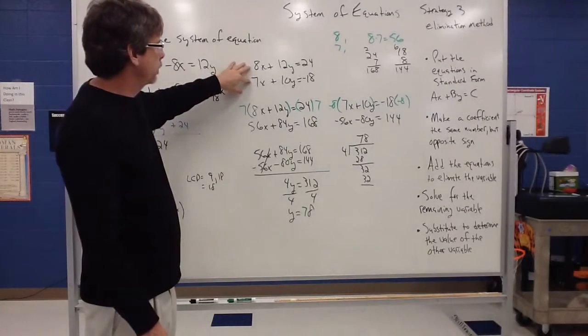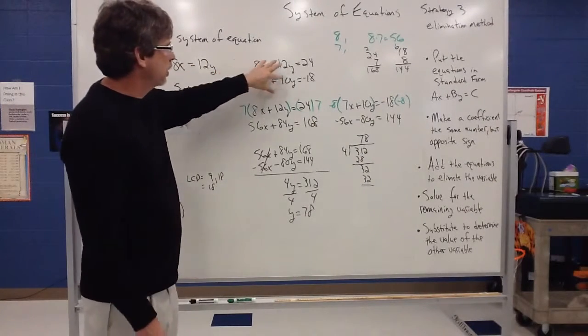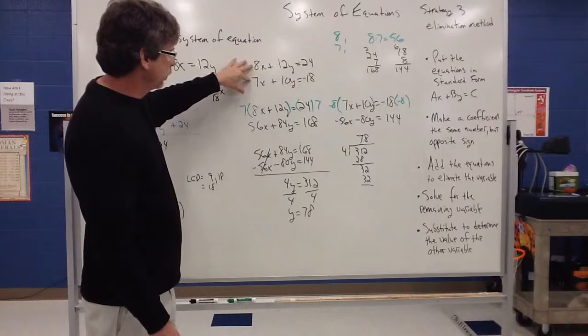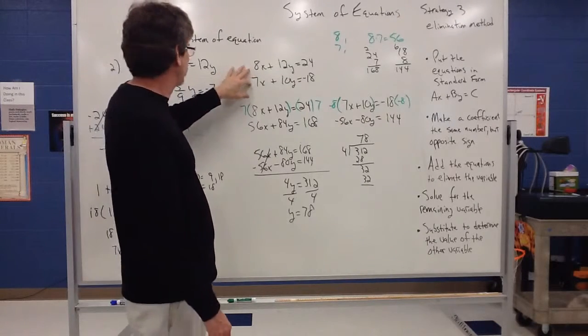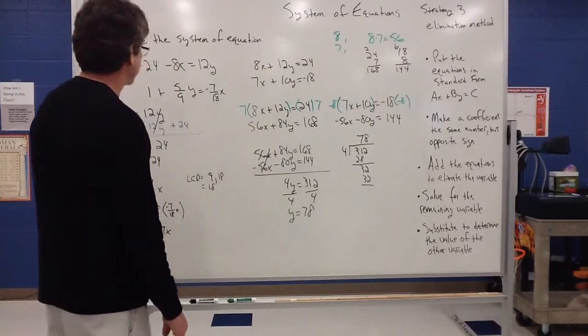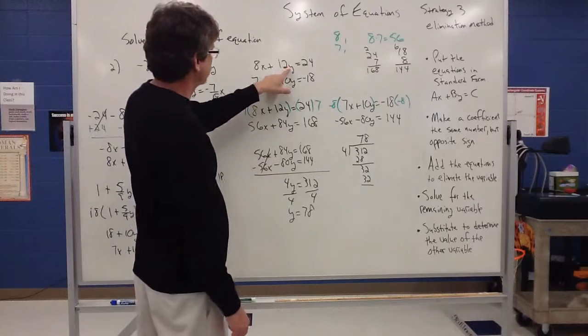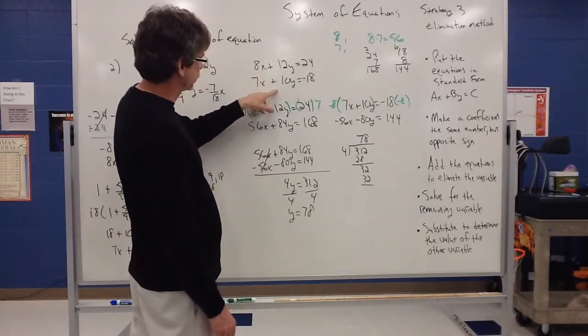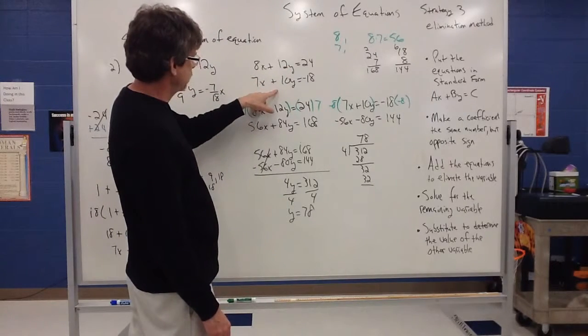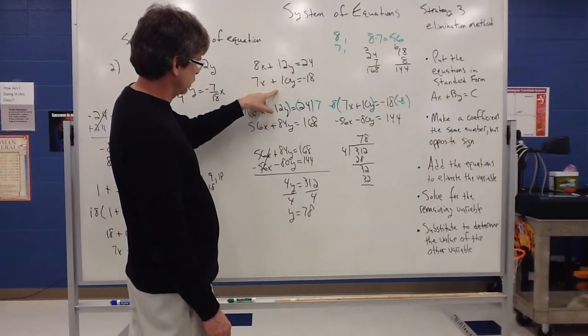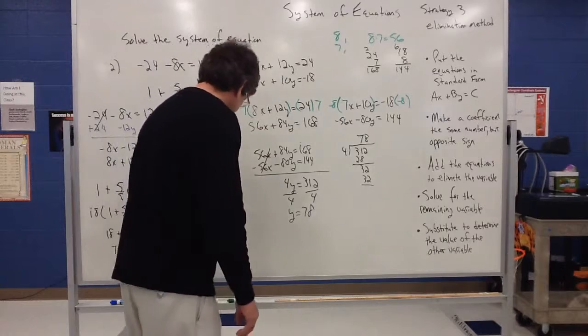I'm going to use one of these equations. It doesn't matter which equation you use, they're all good. But I want to choose one that I can do the math on without a whole lot of work. I think this one or this one. Let's do the second one.